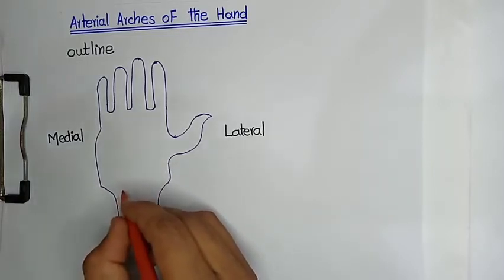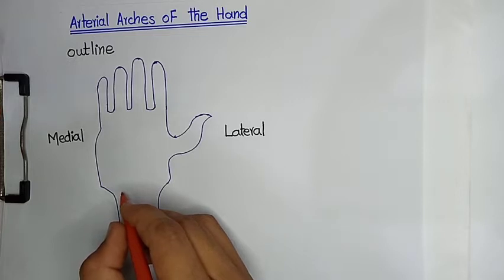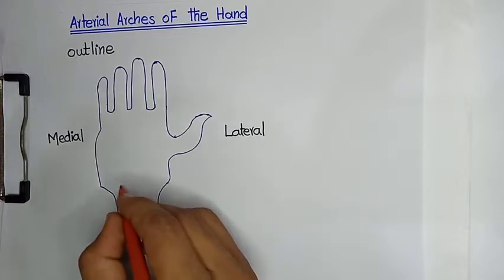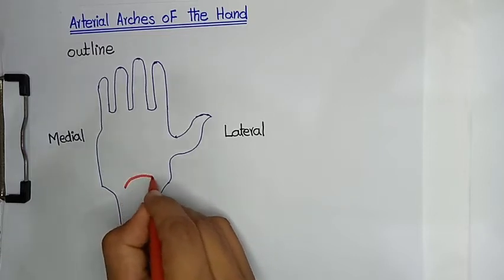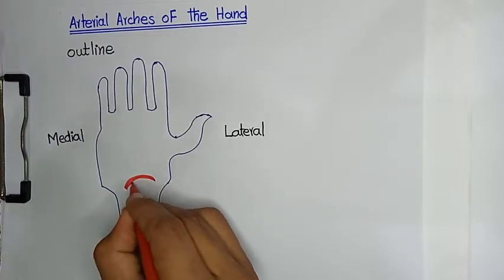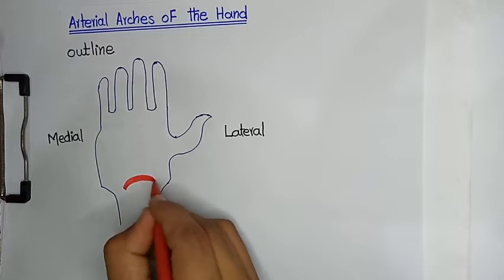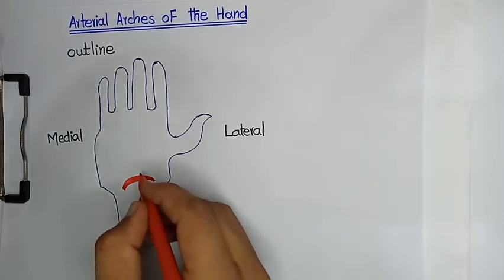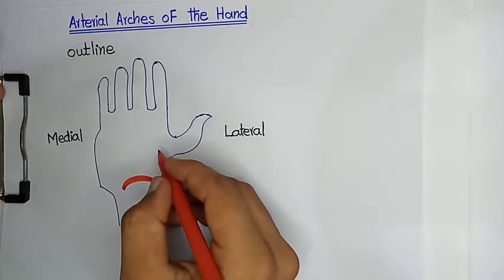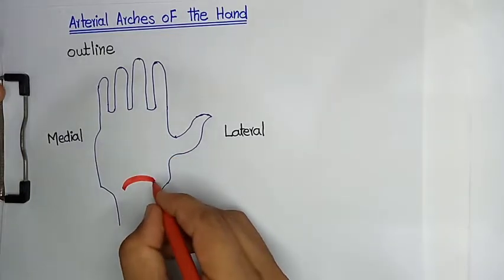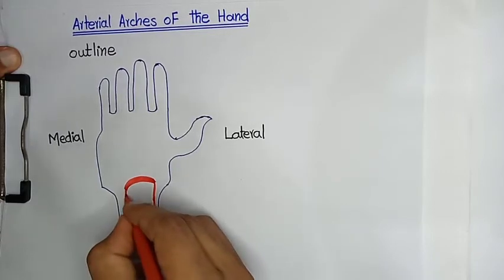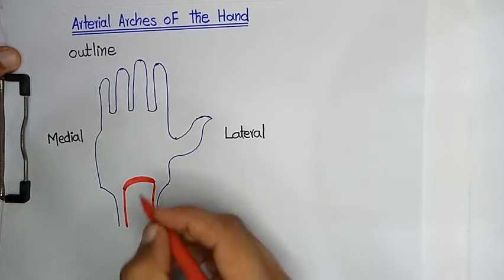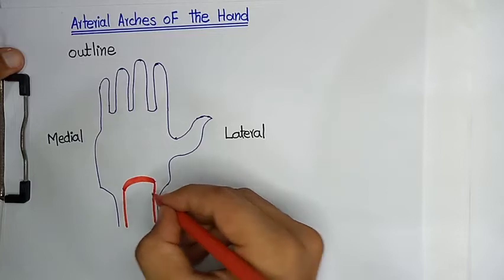Now we use red color to represent arteries. So this is superficial palmar arch, and this is the radial artery on the radial side or lateral side.